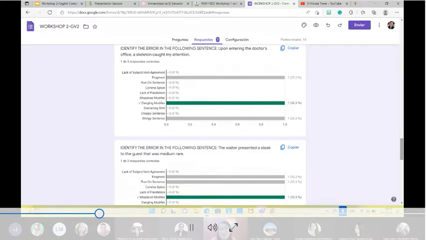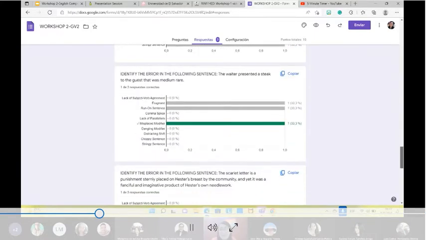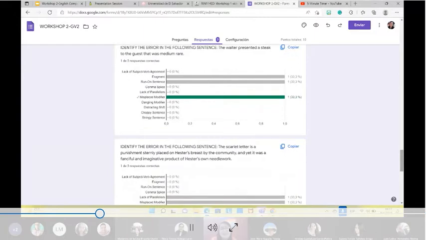Dangling modifier. You will see later how to fix it. The waiter presented a steak to the guest that was medium rare. That was medium rare, and this is a misplaced modifier. We continue.